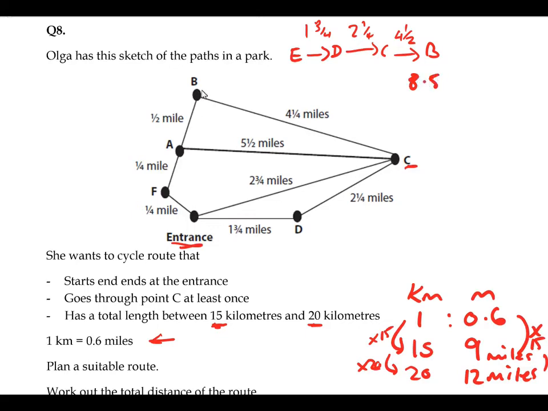So if we go straight back from B through F to the finish, then that will take us above our 9 miles minimum. So let's do that then. Let's then add from B to A, then F, and then back to the entrance. So we've got to add 1/2, 1/4, and then another 1/4.